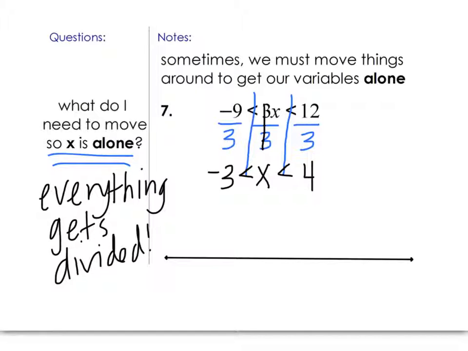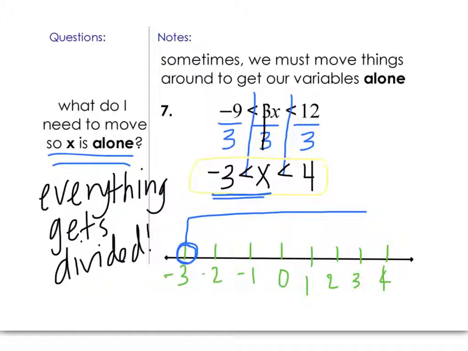Well, I can graph this. I can graph negative 3 is less than x, which is less than 4. If I have my number line, negative 3, negative 2, negative 1, 0, 1, 2, 3, 4. An open circle at negative 3. X is greater than negative 3, so I want all the stuff to the right.